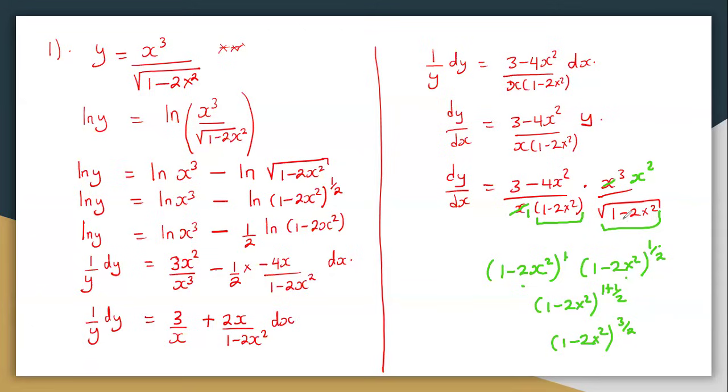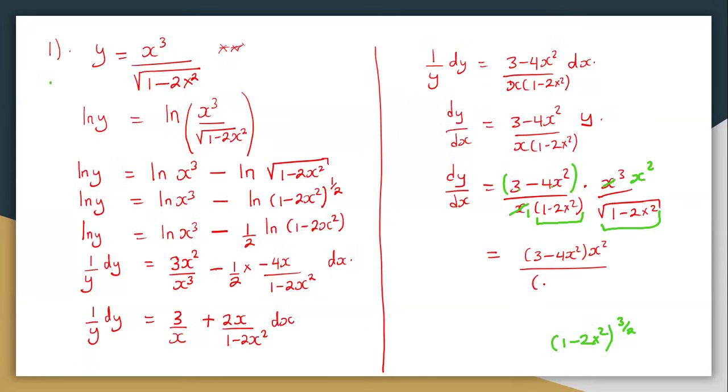So that means your denominator is going to remain with this. Then in your numerator, you still have this x squared that can multiply here and there at the same time. Or if you want, you can leave it outside. So now I'm going to come here and say that my answer in simplified form is 3 minus 4x squared, this is x squared divided by 1 minus 2x squared, everything to the power 3 over 2.